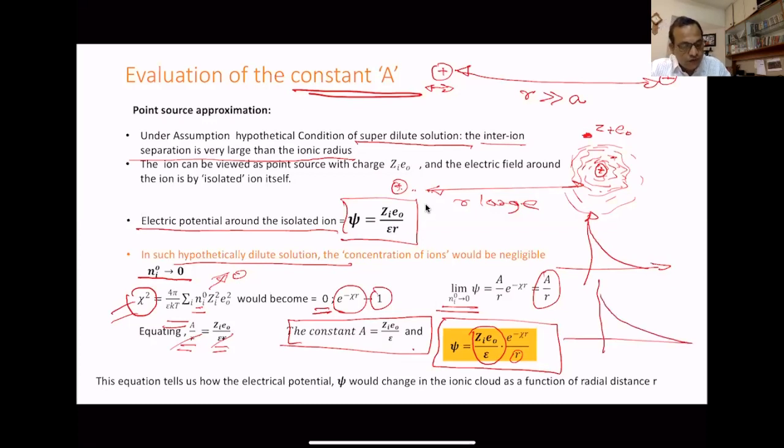So combining these two functions, what we are going to get is something like this. My psi changing with r is a function of this kind, a combination of two functions. One is the exponential function and the other one is basically the reciprocal function. Both are similar functions.